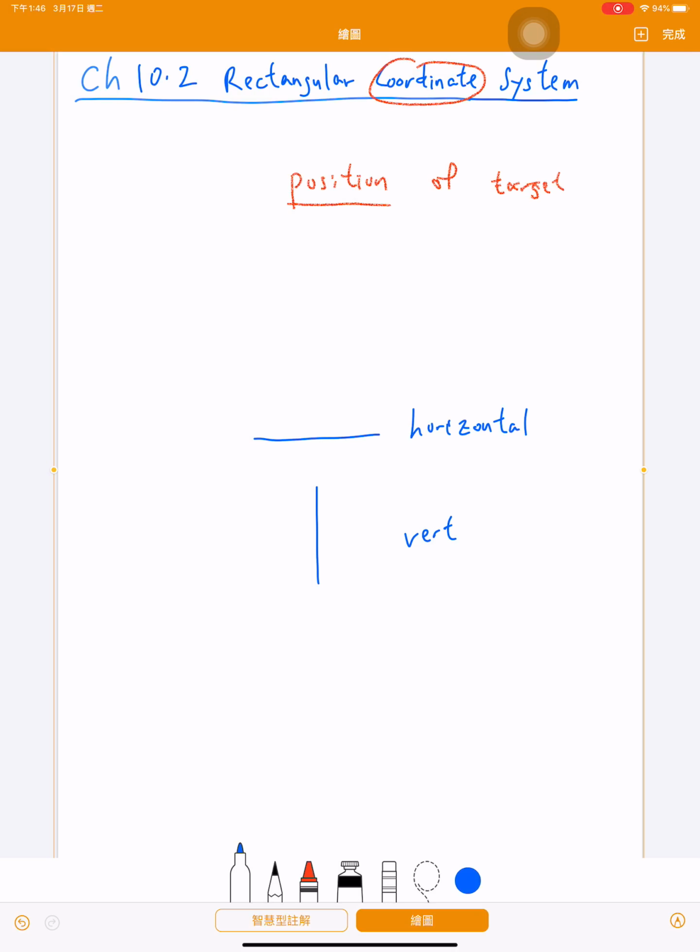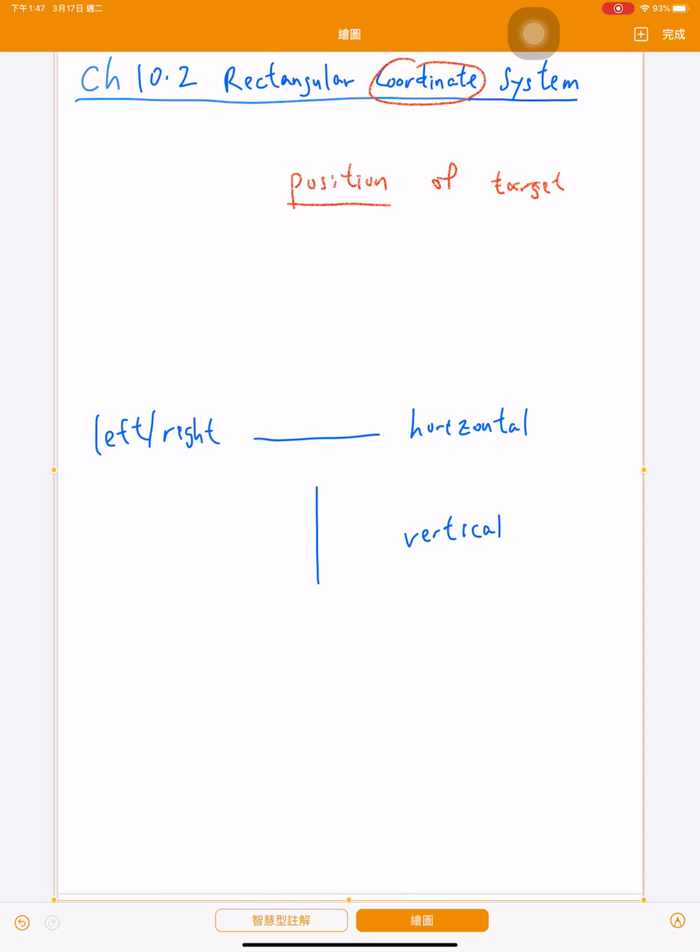Just to give you some names. Usually horizontal is talking about left or right. For the vertical, it talks about up or down, right?